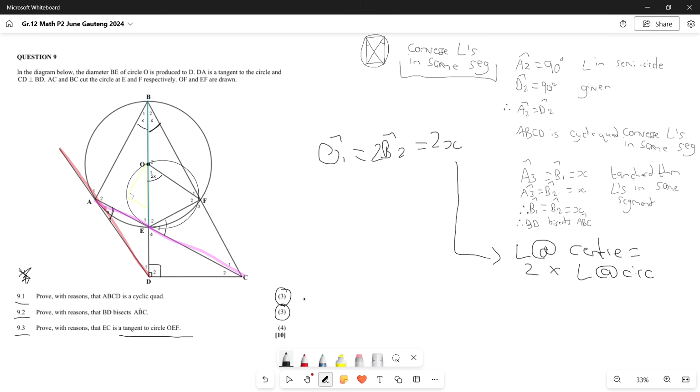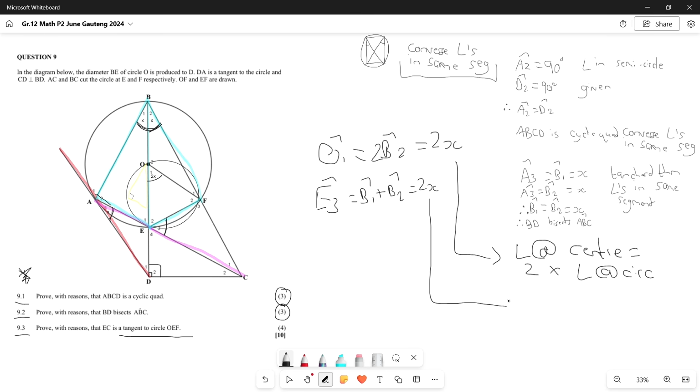We just need to know why, because if we're going to look at our original circle and at the cyclic quadrilateral EABF over here, we can see that E3 is the exterior angle of our cyclic quad, which means that E3 is the angle outside our circle, and E3 equals B1 plus B2, because exterior angle of a cyclic quad equals its interior opposite angle, which means that E3 equals B1 plus B2 equals 2x.